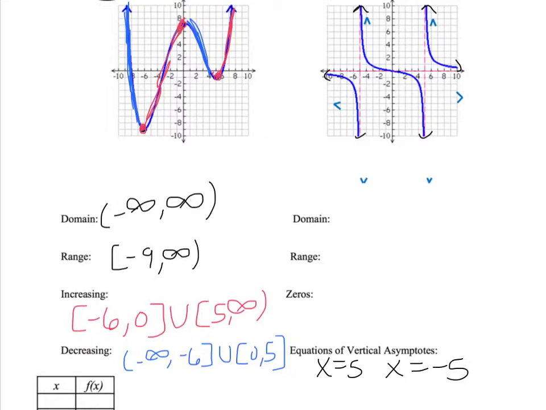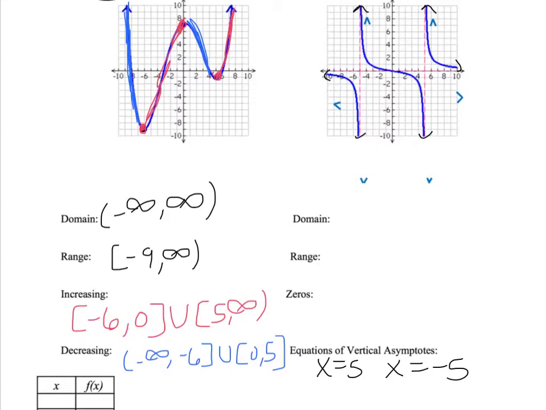So h of 5 is undefined. The same goes for h of -5, because if I pick an x value of 5, there's no point on the graph that has an x value of 5. Another way to think about this is if I had the equation and tried to substitute in 5 for x, I would end up getting undefined.